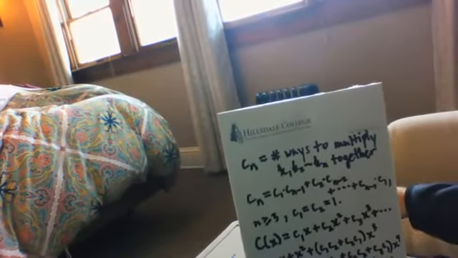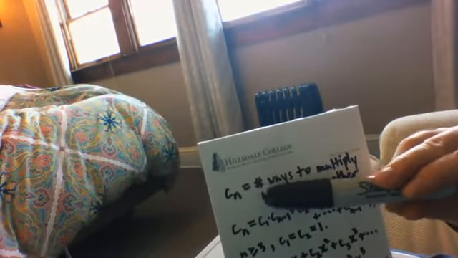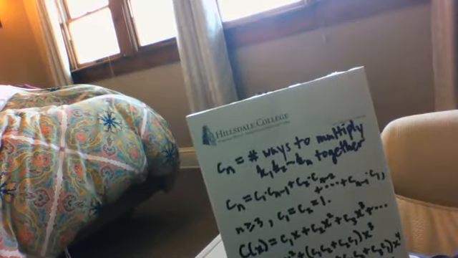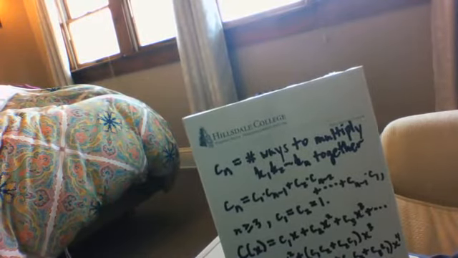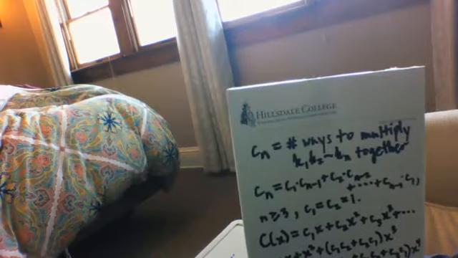All right, so here's what I want to do first. I just want to talk you through what I've written here. What I did is I have put down the definition of the Catalan numbers. It's the number of ways to multiply n numbers together, k1 through kn.